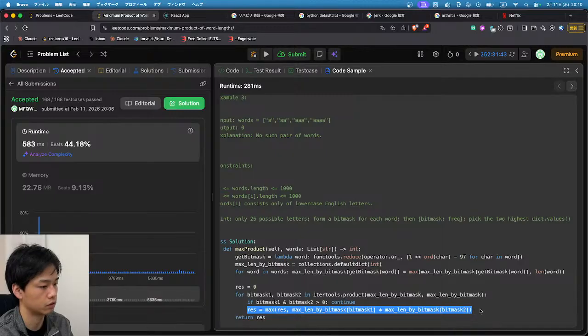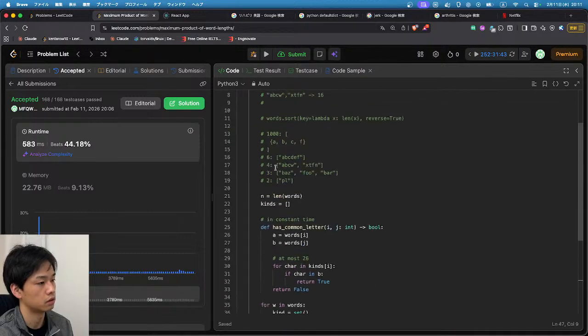We cannot move forward. And if the bit mask is 0, which means they don't have a common letter, so we can update the answer like this.